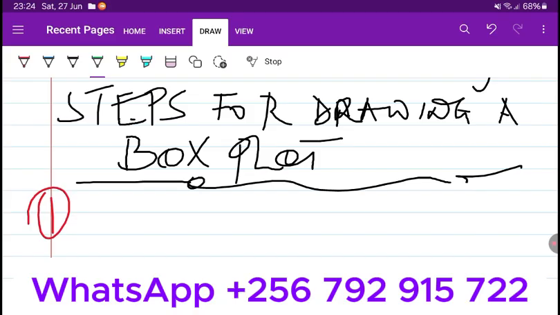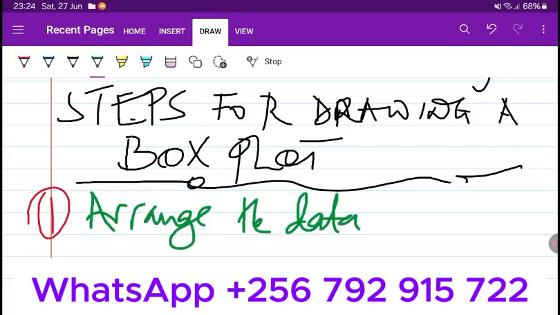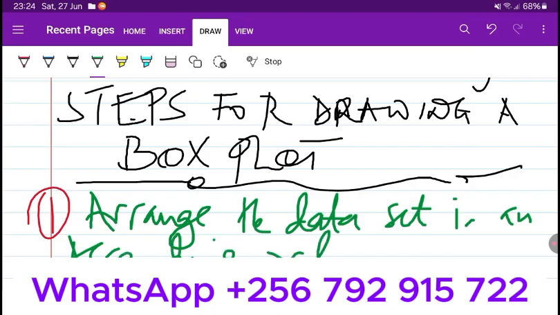So my first step is to arrange the data set in ascending order. It's always arranged in ascending order, not descending: you start with the smallest and end with the largest. That is the first step.